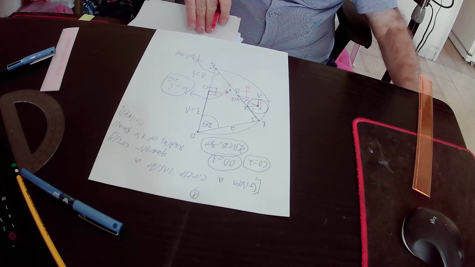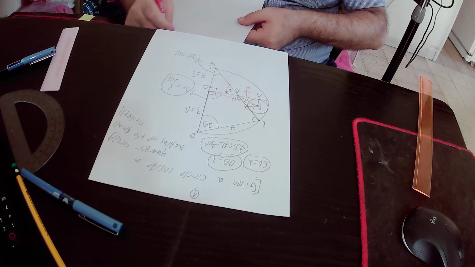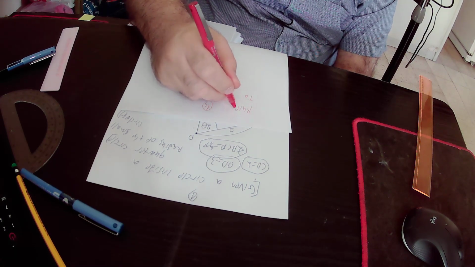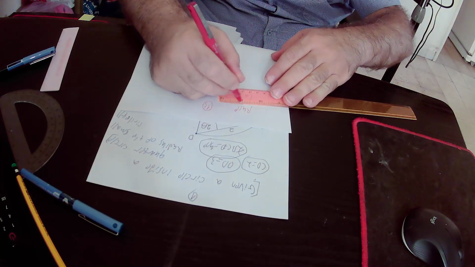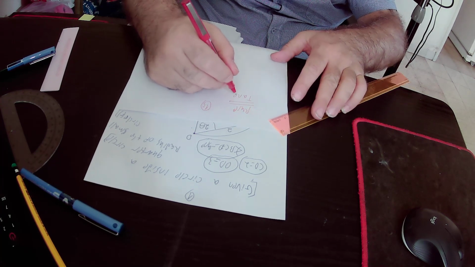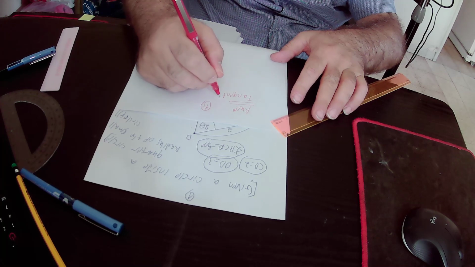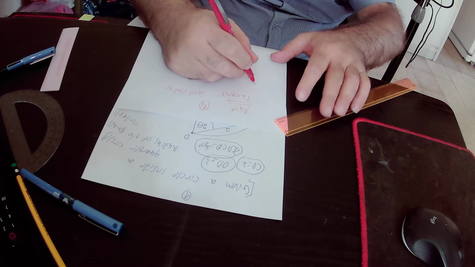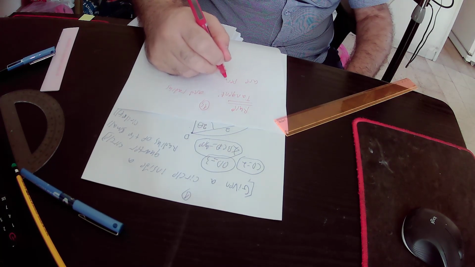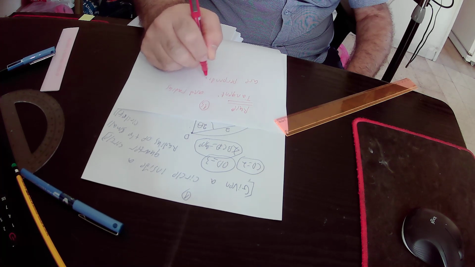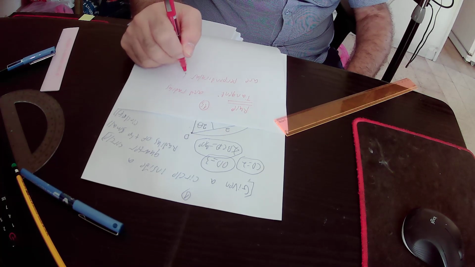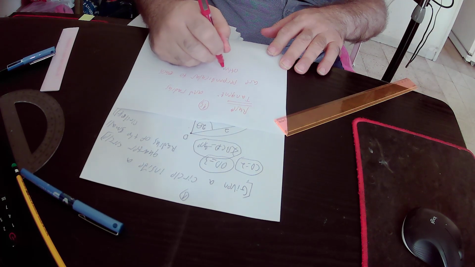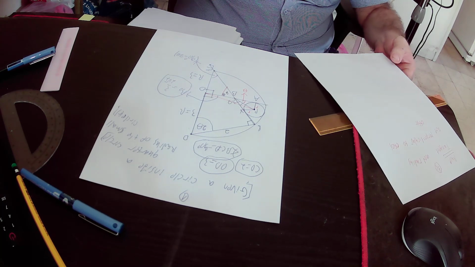And we have a rule that states that tangent and radius are perpendicular to each other.